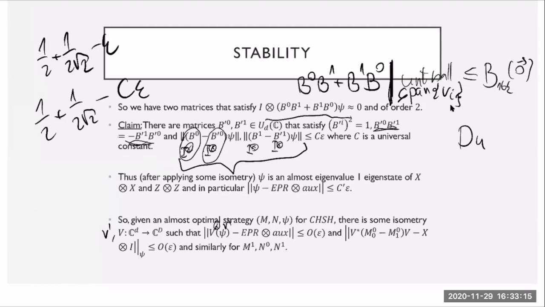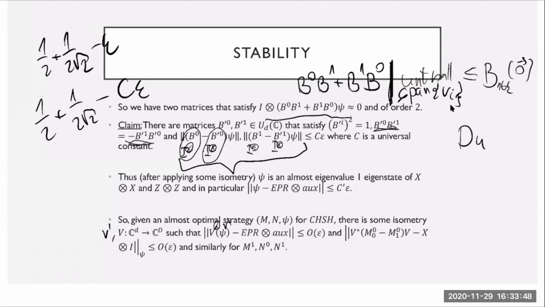I don't know, you can show it's 100 or something like that. But the good thing is now that instead of having almost anti-commuting matrices, we have actually anti-commuting matrices. So we came back to the representation theoretic case. Now we have B0 prime and B1 prime that actually again are a representation of D4, and not any representation, the specific representation that we talked about before.